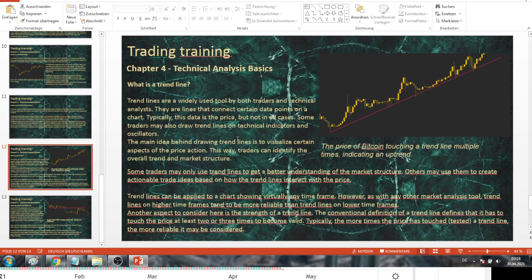Next is a trend line, very important. What is a trend line? Trend lines are a widely used tool by both traders and technical analysts. They are lines that connect certain data points on a chart. That means, look here, one time, two times, three times, four times. You see, these are our tested levels.